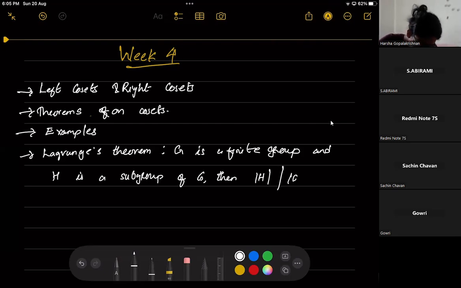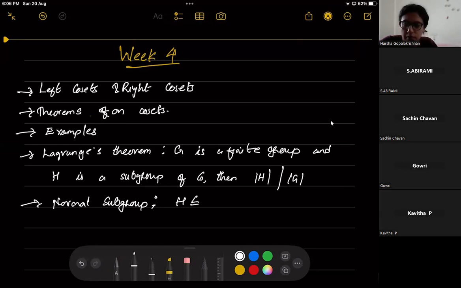So after that, we have gone to normal subgroups. What is a normal subgroup? If H is a subgroup of G, when will we say a subgroup H of G is normal? Anyone knows the definition of a normal subgroup?